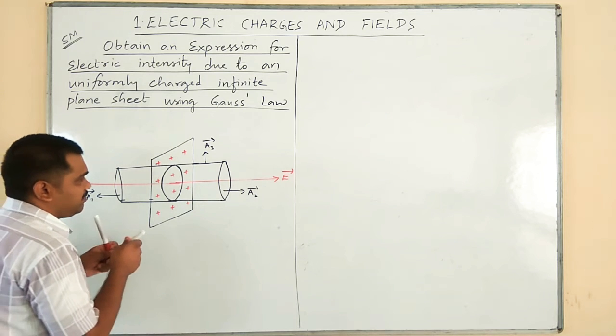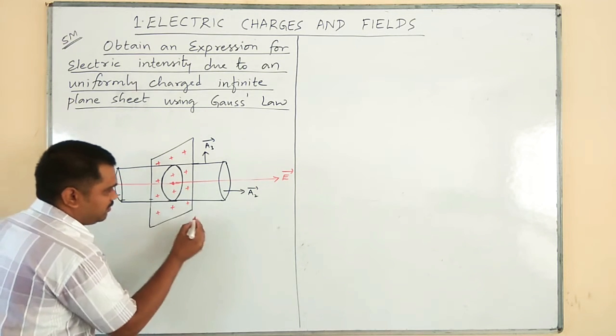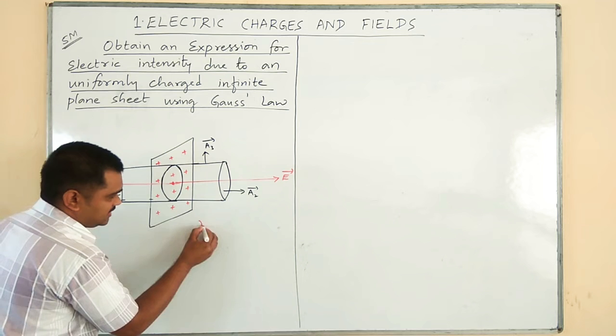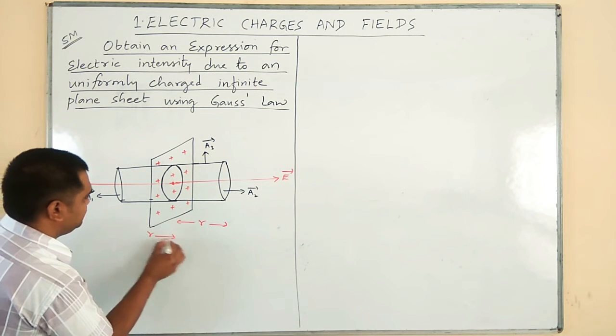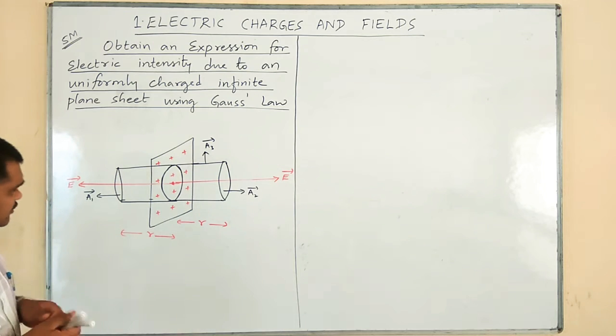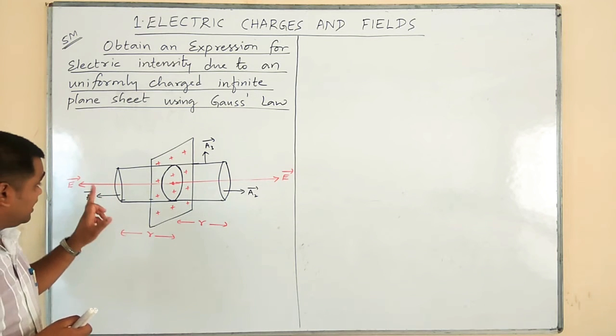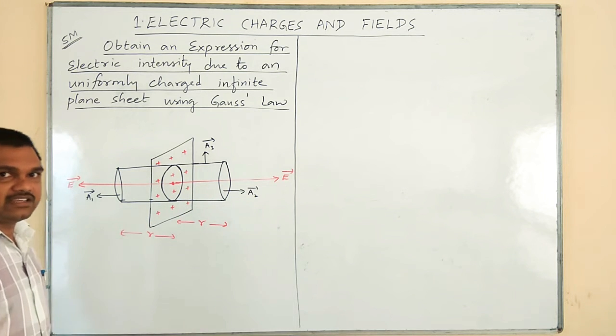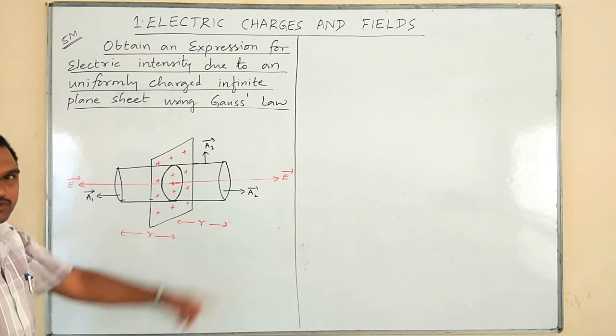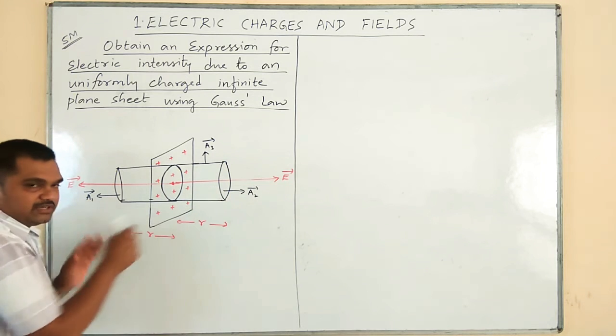From this midpoint, both the flat areas are at the same distance, say r. Therefore, the magnitude of electric field at this point and at this point will be the same, since E depends on the value of r. I'm taking the same distance.